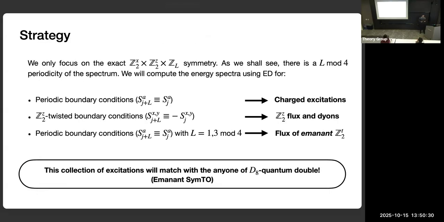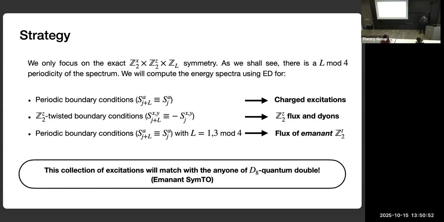And the strategy would be that I actually want to just use numerics. This model is integrable if you don't add J. If you tune J to be something other than 0, then you lose the integrability, but you can still do numerics. So I'll use ED.